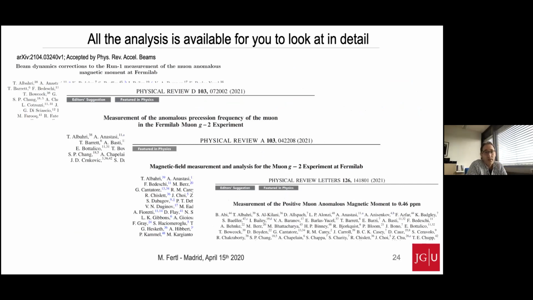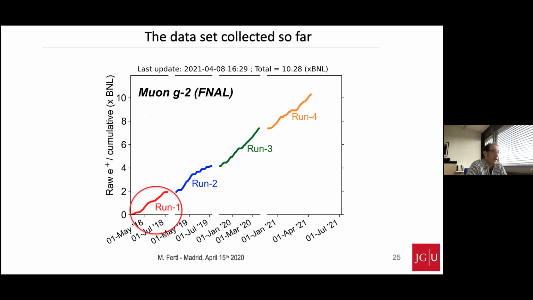So what I will talk about and present you in the analysis is only data from run 1 that was taken in 2018. And you can see that by now, this is a plot of last week, we have collected more than 10 times the statistics of the former Brookhaven experiment.